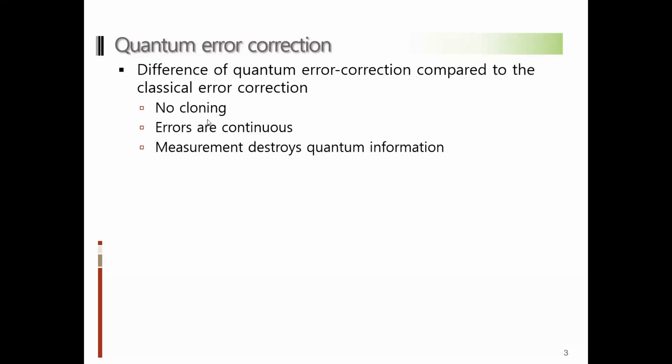However, we know that there is the no-cloning theorem. So the first question you might have is whether it is really possible to do any kind of cloning for making such a 3-bit encoding.